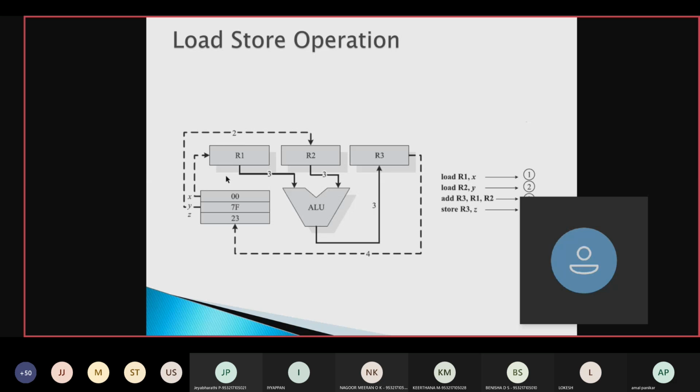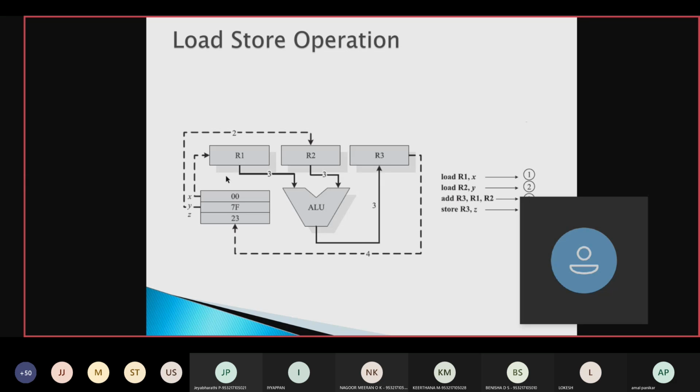Let us take an instruction like this: load R1, X. They have given the dotted line, which means load the X value into R1. Next, load R2, Y: load the Y value, which is in the memory location, into R2.